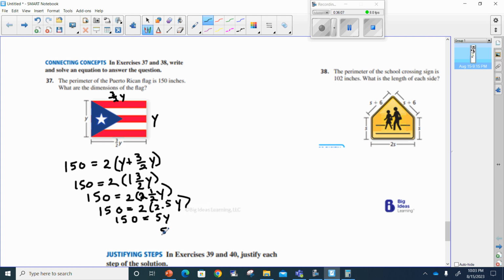We'll divide 5 away from y to isolate y, which means we'll divide 150 by 5, excuse me. We know that 15 divided by 5 is 3, so 150 divided by 5 must be 30. So that tells me that y is 30. And since this is 3 over 2, and we know 3 over 2 is 1 and 1/2, 1 and 1/2 of 30 would be 45.